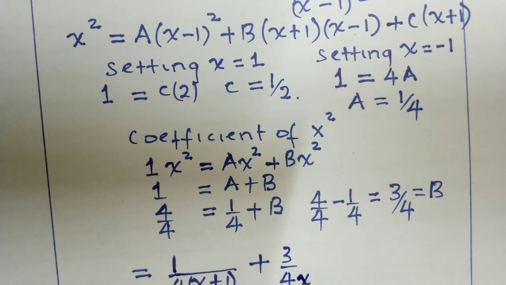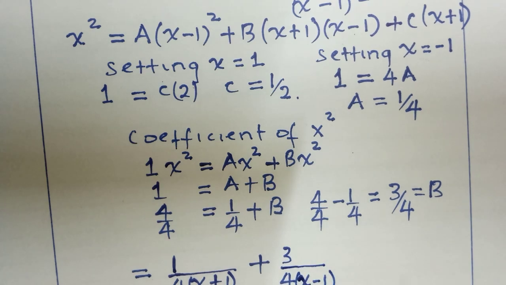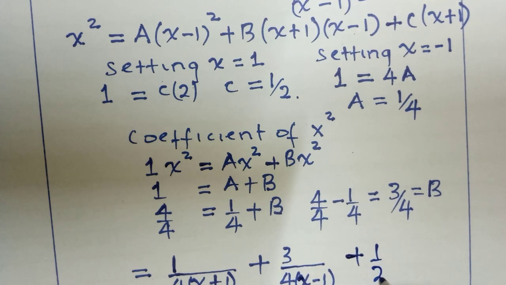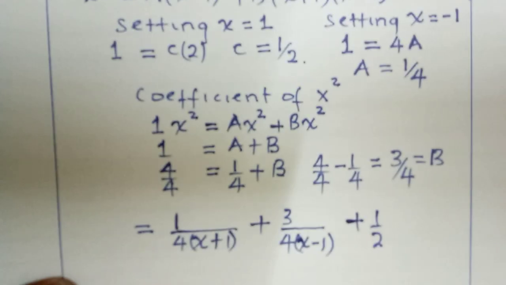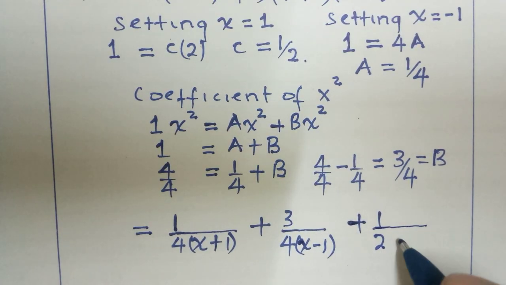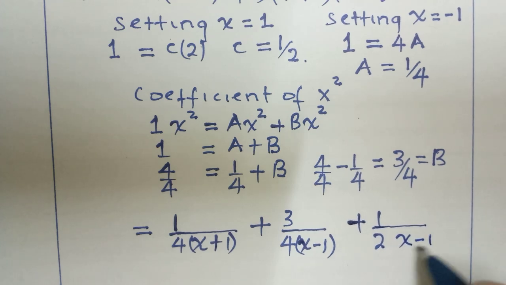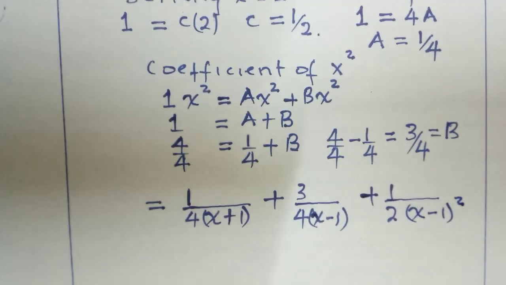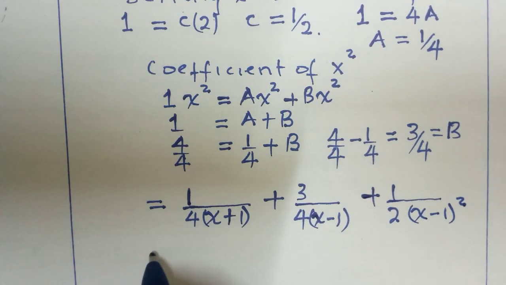That is x minus 1 there. And finally, we have c. And the c is supposed to be 1/2, plus 1/2 over x minus 1 squared. So, guys, we are going to have something like this. This is now what we are supposed to integrate, guys.